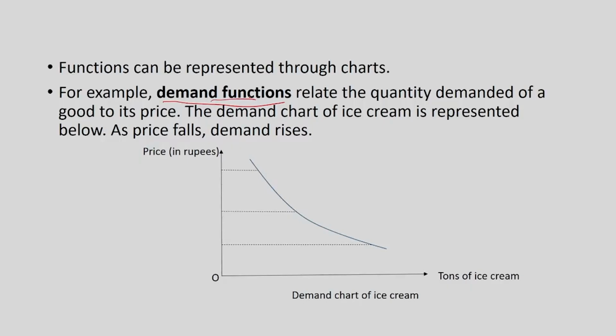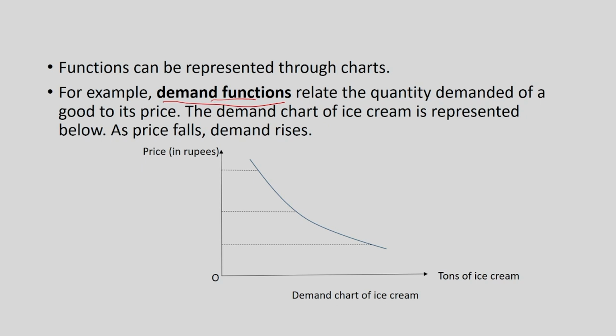So, that 20 rupees is the price, and demand depends on price. It depends on many other things, but it also depends on price. So, there is this thing called demand function, which represents how the quantity demanded depends on the price.